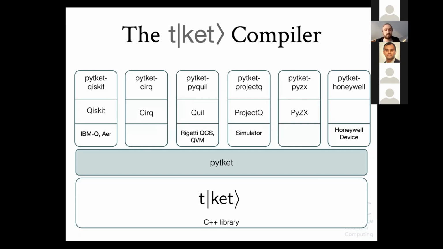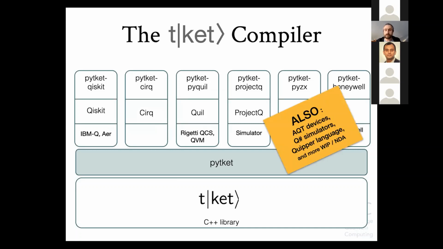So you can use pytket with Qiskit, for example, if you want to use an IBM computer, but you want to write your software using Quil. So you could download the PyQuil extension and the Qiskit extension, and then combine them to generate code for IBM using Quil. There's lots more things that I don't really have time to talk about, but it's all available online, so I encourage you to go and look at it.